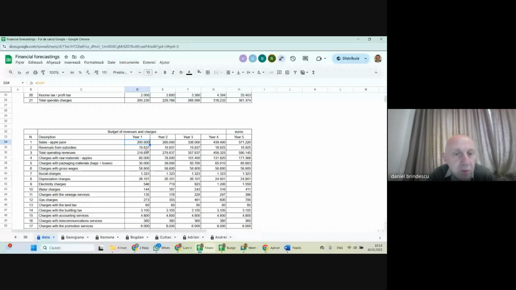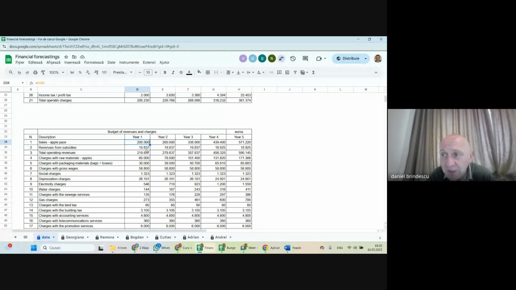So, what does this mean for us? This basically means that if we have revenues of 200,000 euros for the first year, we probably don't have cash inflows from the selling of the apple juice during the first year of the same value.